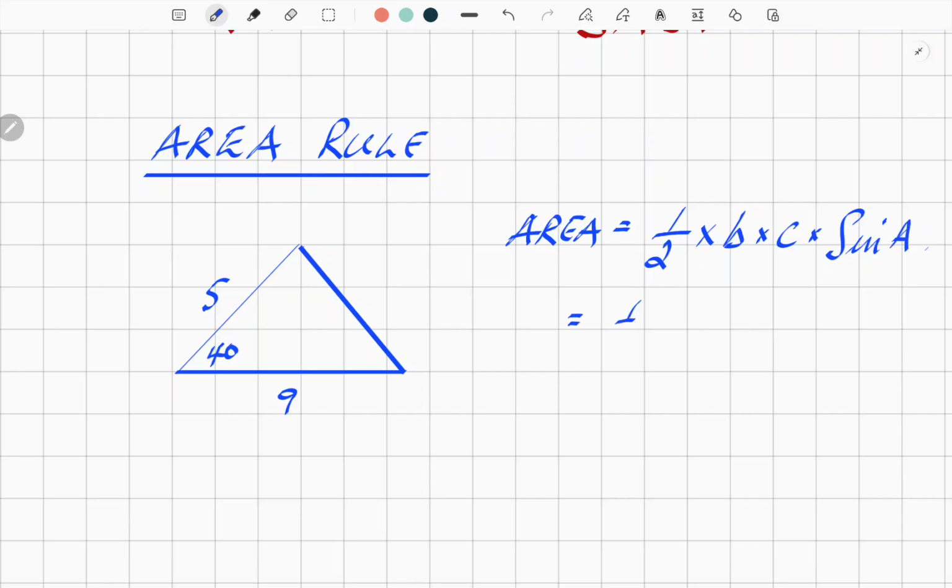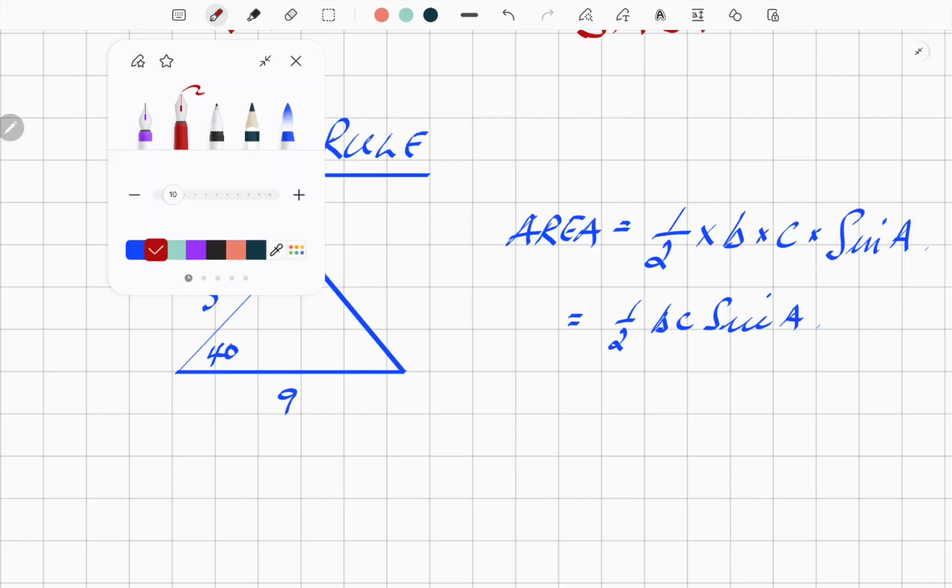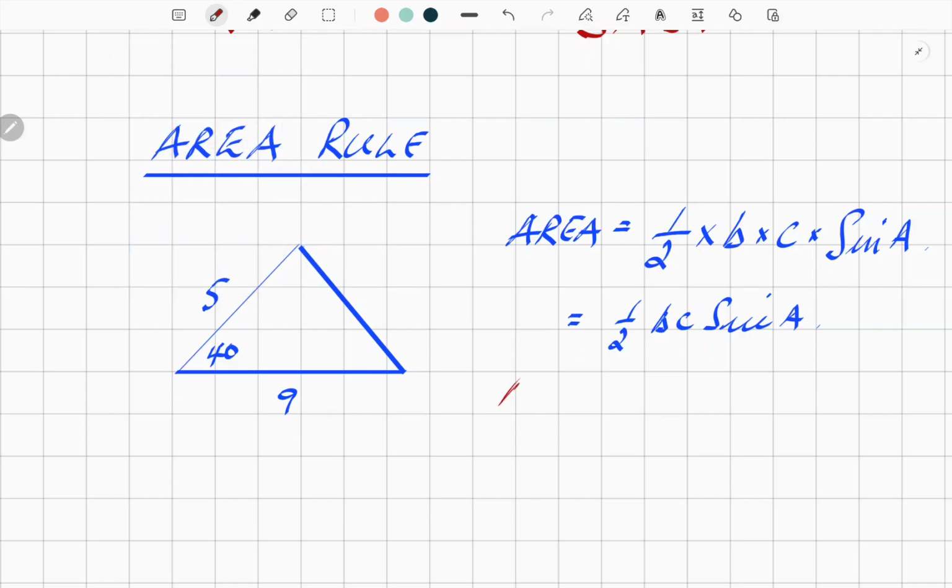So for short, half B C sine A. And in the formula books, I think you mostly get it written like this. Half AB sine C. All right, so that's the one that you're familiar with.